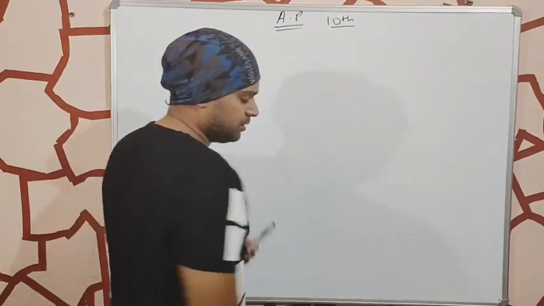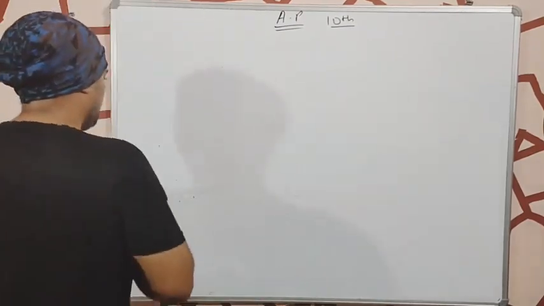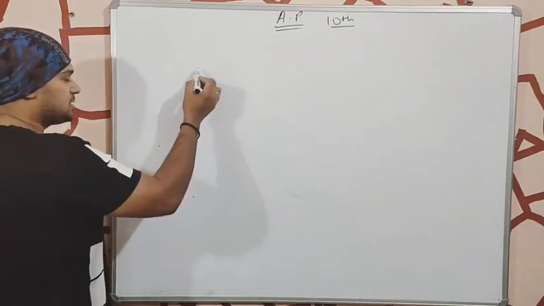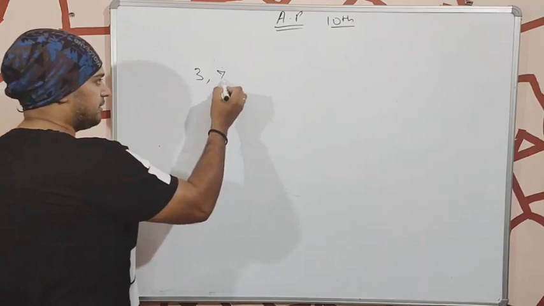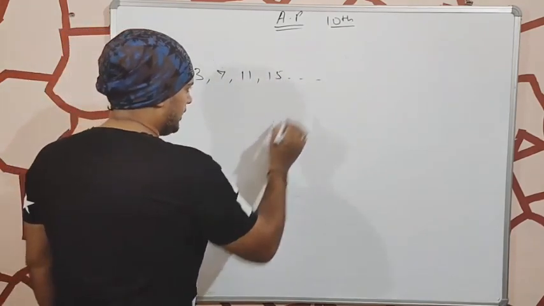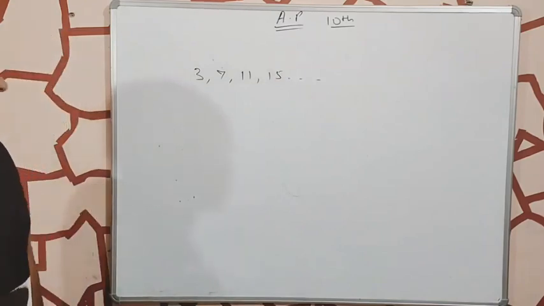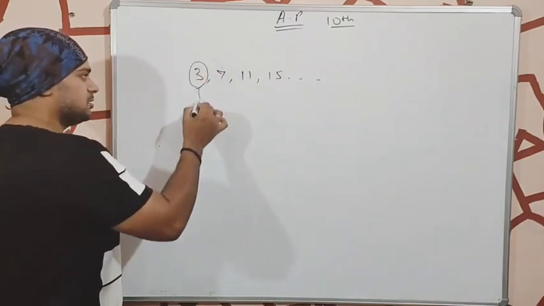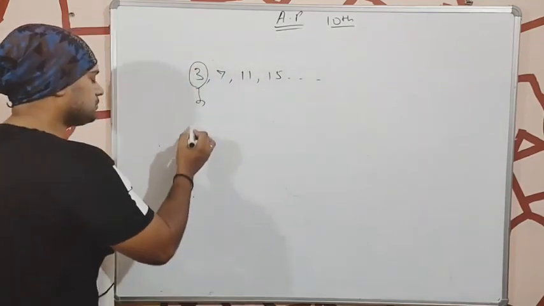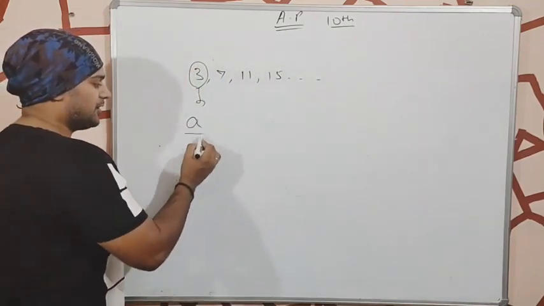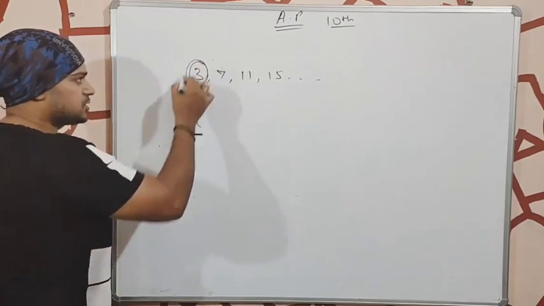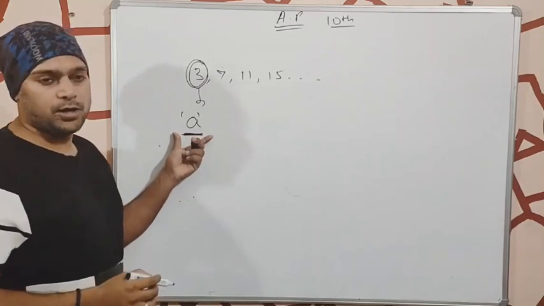Now I will be taking again the same example I told you earlier. The same arithmetic progression we are taking for reference: 3, 7, 11, 15 and so on, right? So this is an arithmetic progression. The first term of an arithmetic progression is denoted by small letter a.